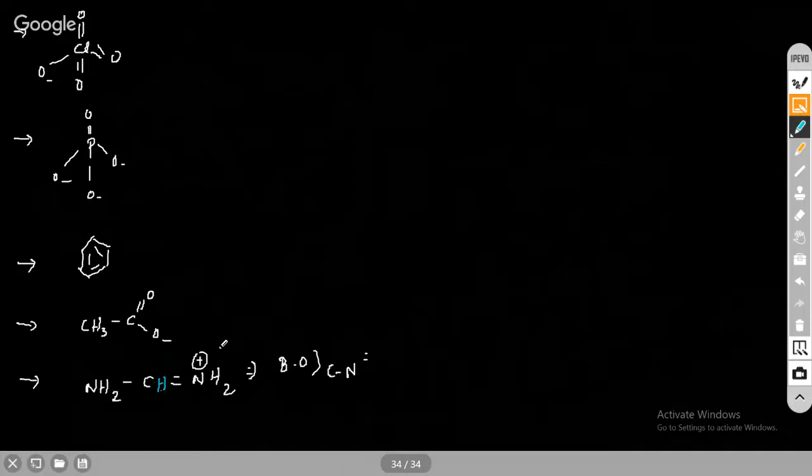Okay. So like this, you can calculate the bond order of all these molecules. Let me write it down. Bond order will be 4 plus 3 by 4, 7 by 4. Bond order is again 4 plus 1 by 4, that is 5 by 4.